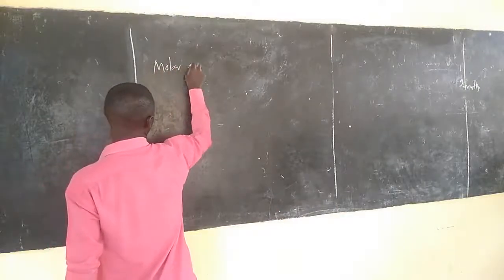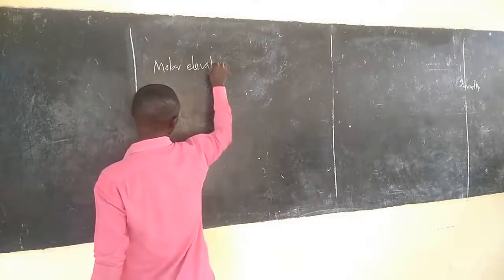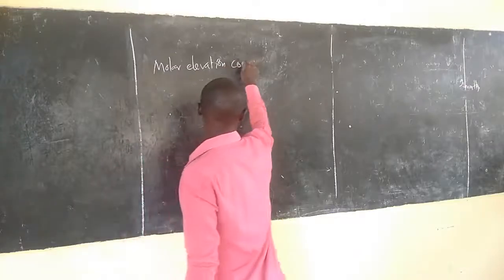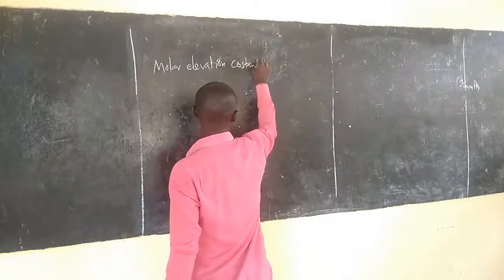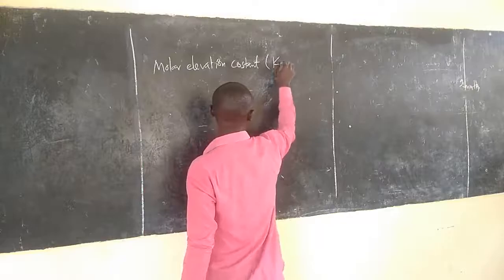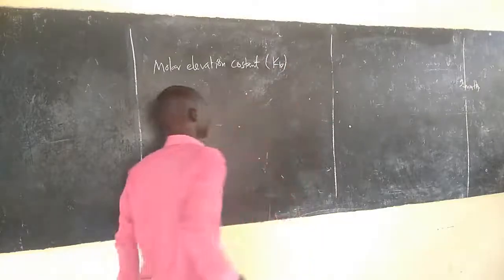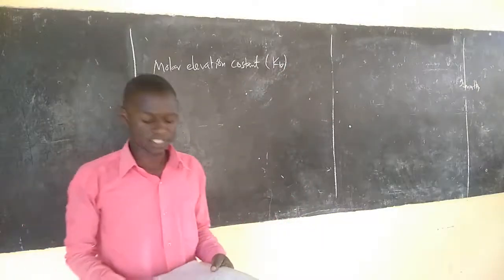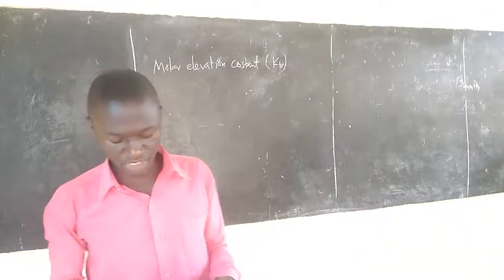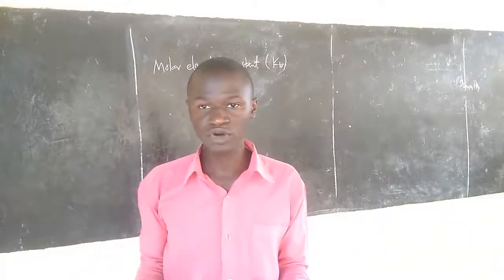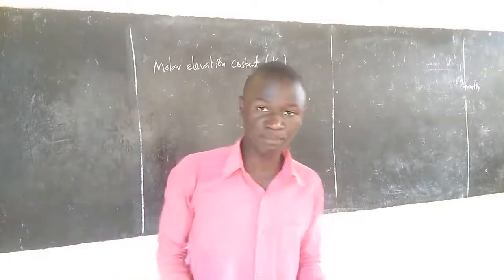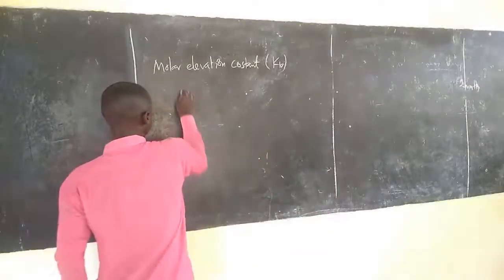Molar elevation constant Kb. The molar elevation constant Kb is sometimes known as the ebullioscopic constant.